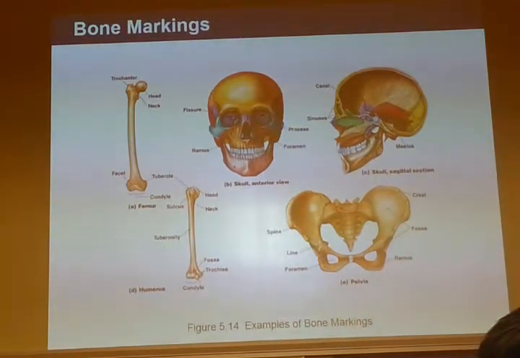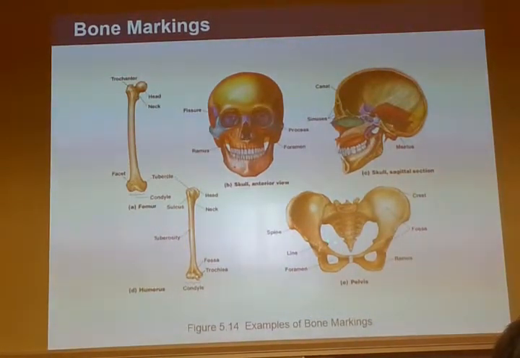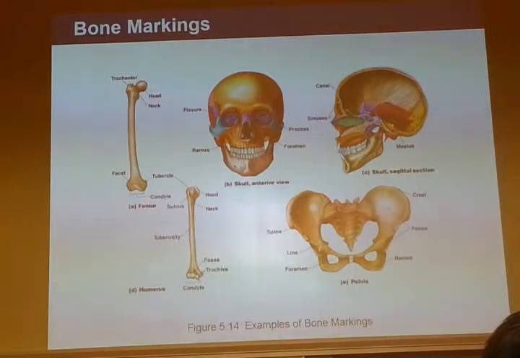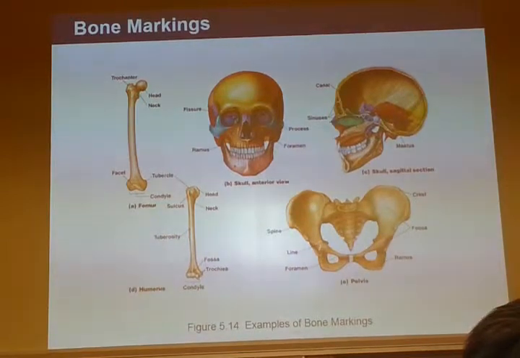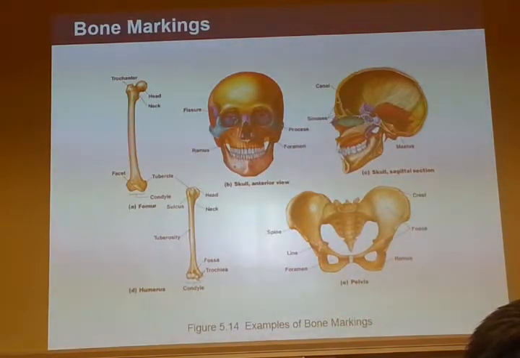So you're going to learn all those when we get to the appendicular skeleton. That spine, however, isn't on the ilium at all. It's on the ischium, and there's only one spine there, so all you have to say is ischial spine or spine of the ischium, and that's finished naming it.